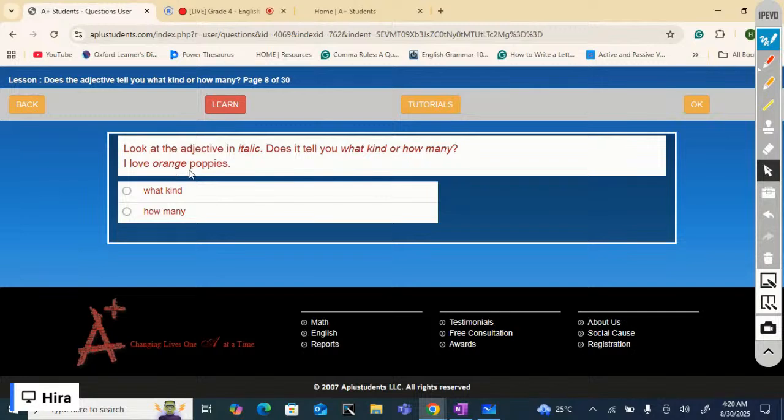I love orange poppies. Orange is in italic. It's an adjective. Now tell what kind or how many.